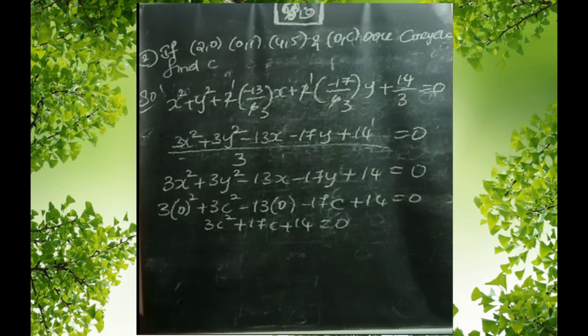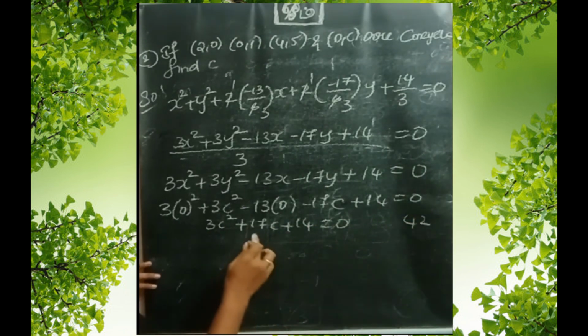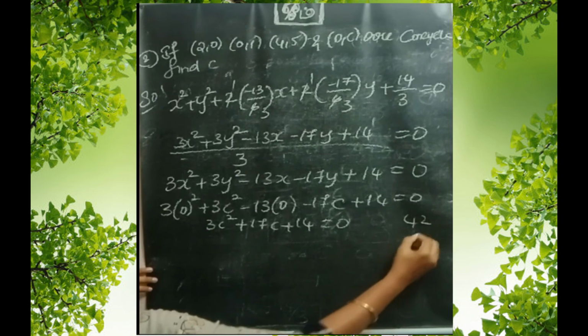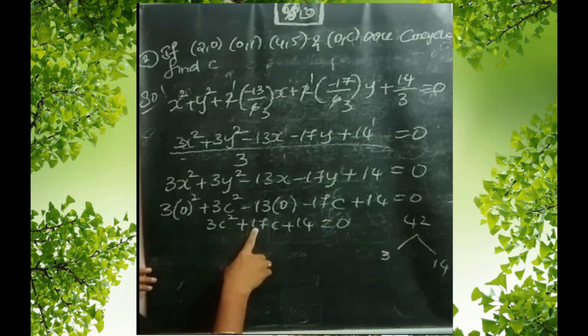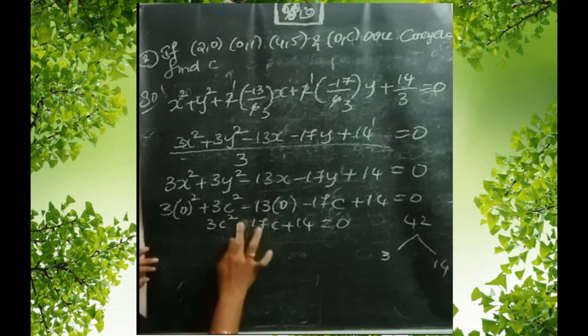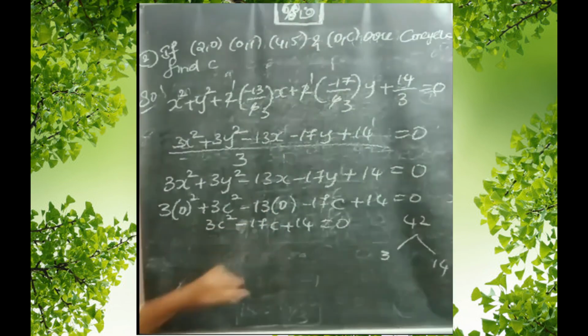Now we have to make the roots. So 14 3s are 42. Now we have to get 17, means what you have to do. So here minus, so minus 17c.